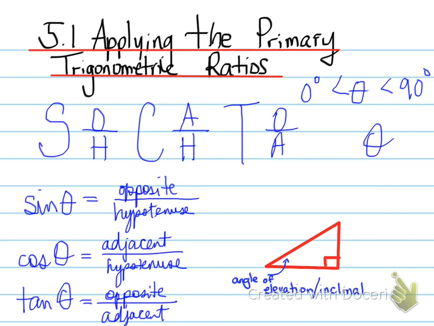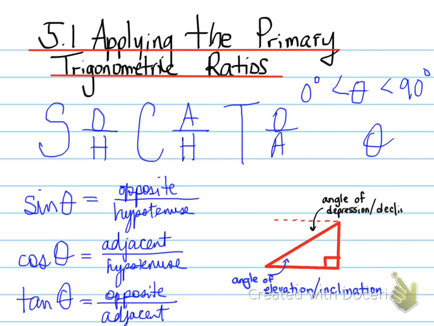Another word for elevation is inclination. Now, if we have an angle of depression, again, that moves from a horizontal, just like the elevation, but an angle of depression is an angle that moves down from a horizontal.